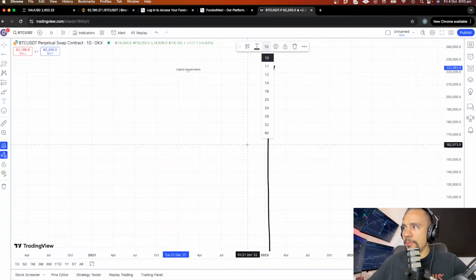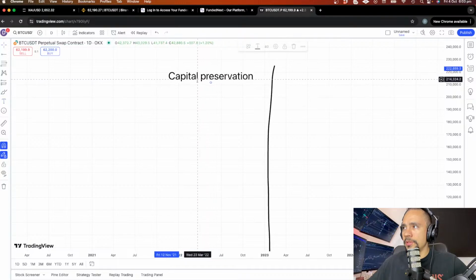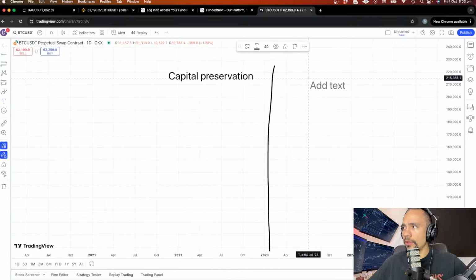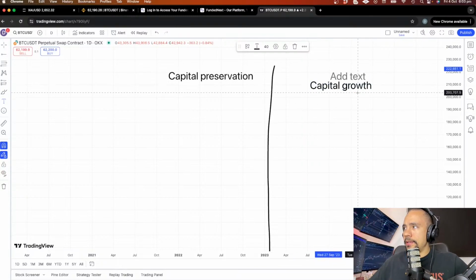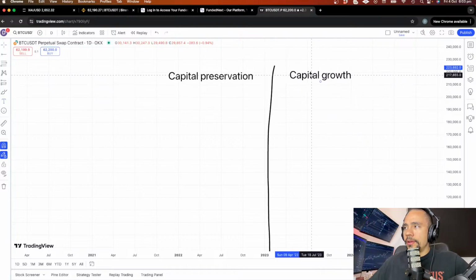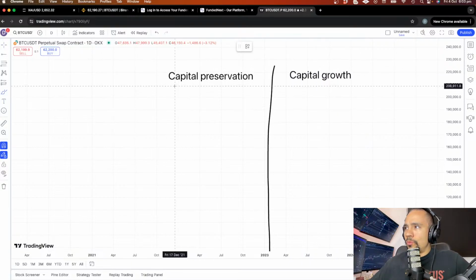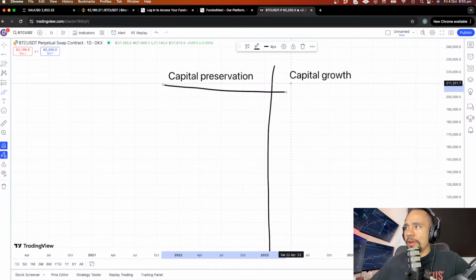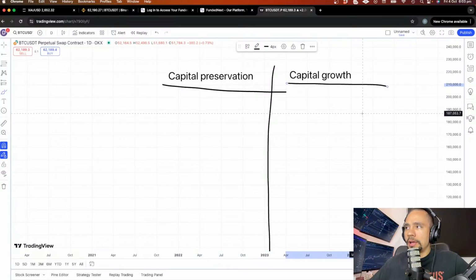Let's make this very big. On the other side you want to have capital growth, right? And in the same way as a coin, when you want to preserve capital, it's very hard to have growth.